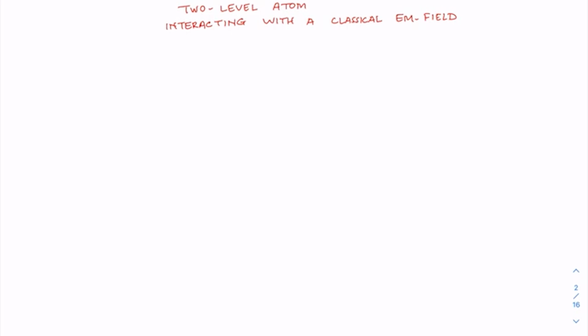So let us begin. Let us consider as an example of a real physical system a two-level atom interacting with a classical electromagnetic field, a laser. The atom is treated as a quantum system while the field is considered as classical.